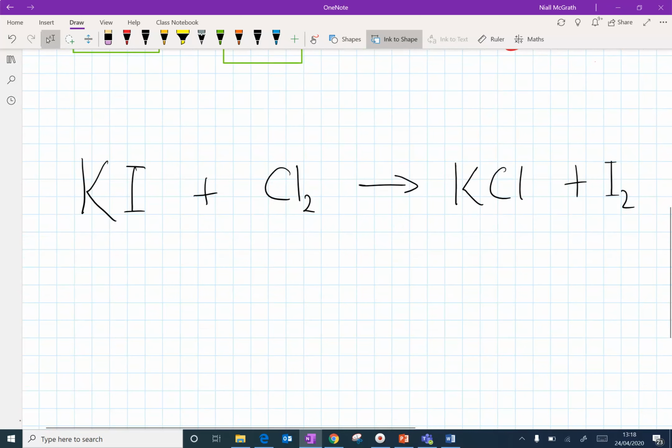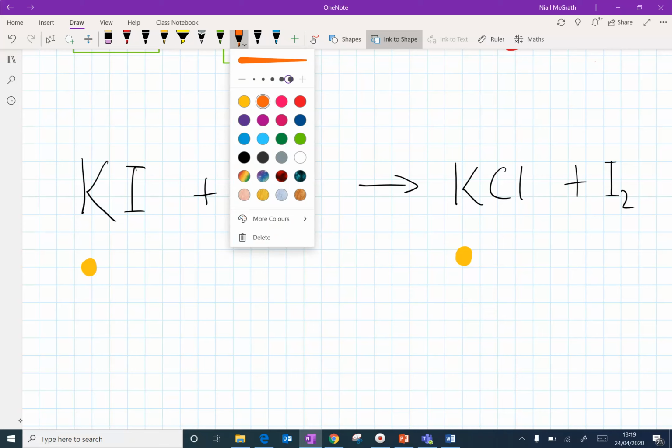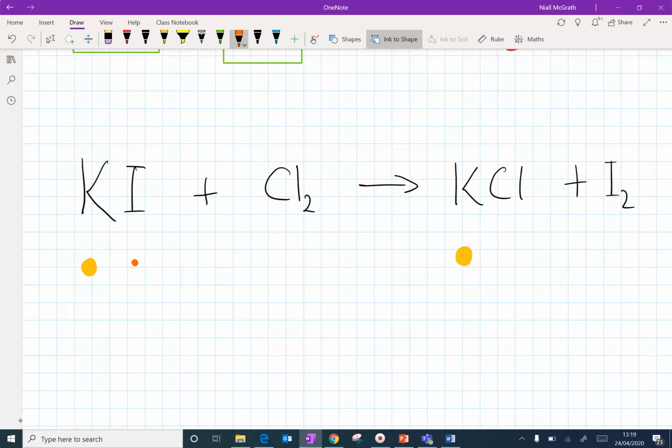Now, if we have a check again, we have 1 potassium and we have 1 potassium. If we use orange for our iodine, we have 1 iodine. On this side we have 2 iodines.